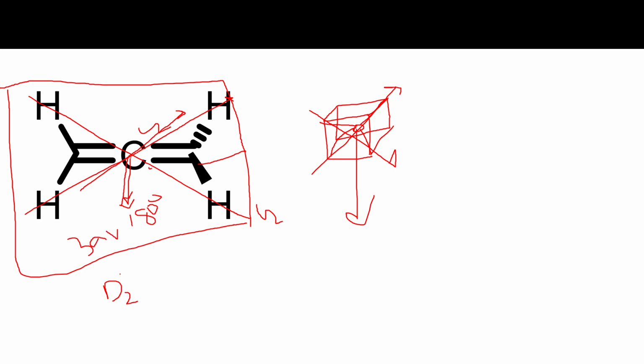And if there is any sigma H present, like if you cut like this side, so here also one sigma plane is present. Is sigma H present or not?